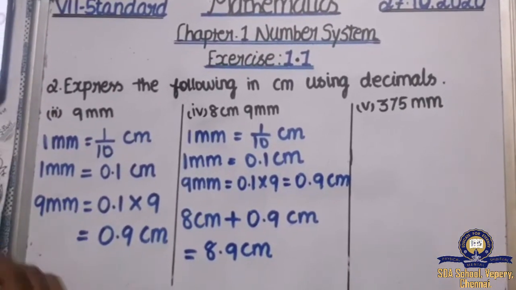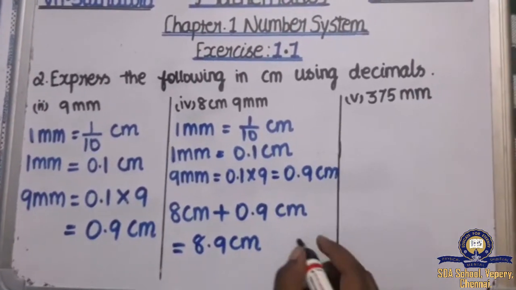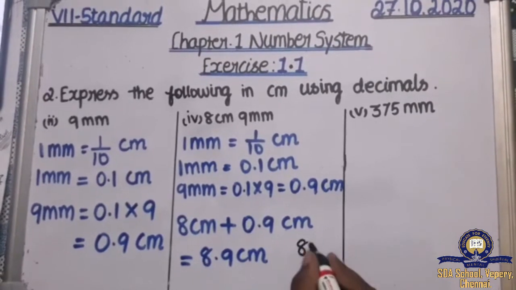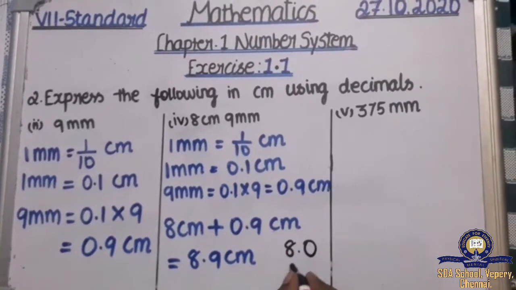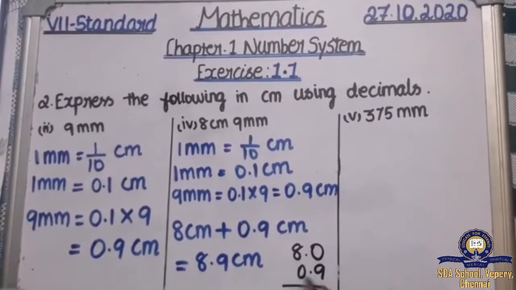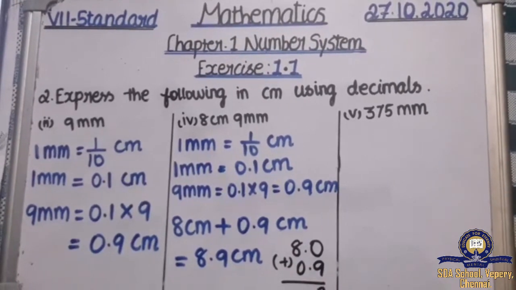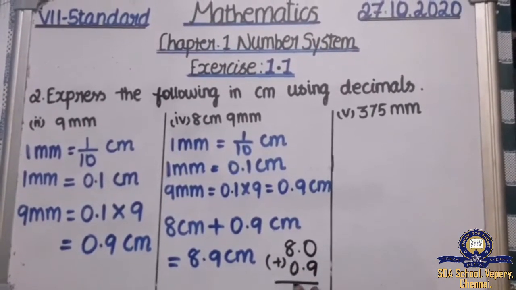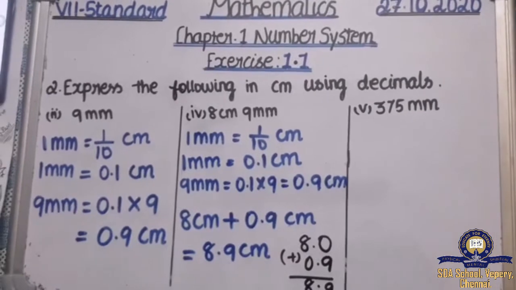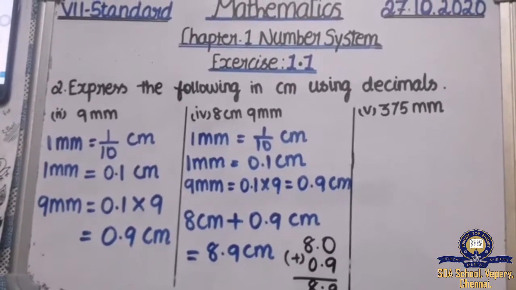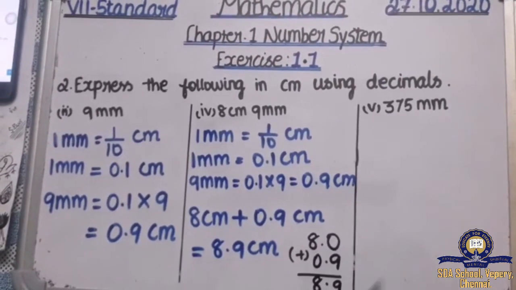See here, we can write it in decimals as 8.0 and 0.9. When we add, we get 8.9 centimeter. Okay students, now we move on to our next problem.